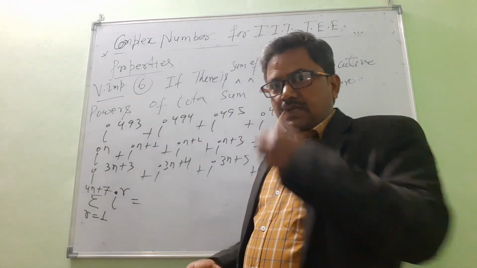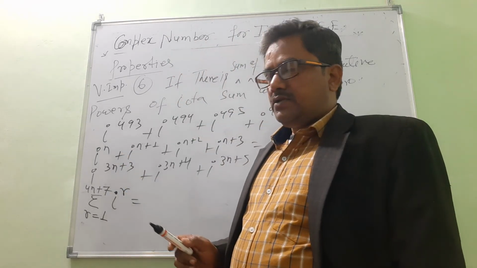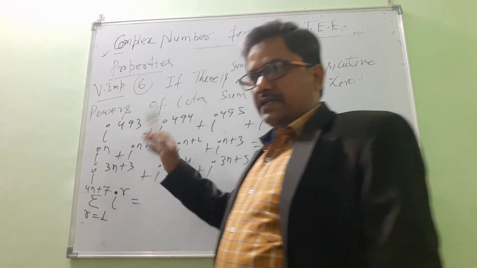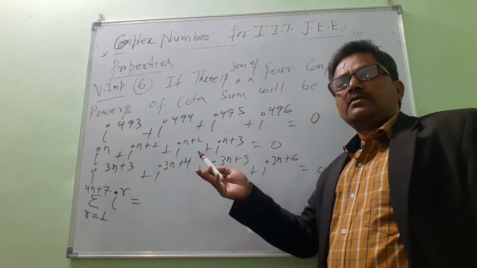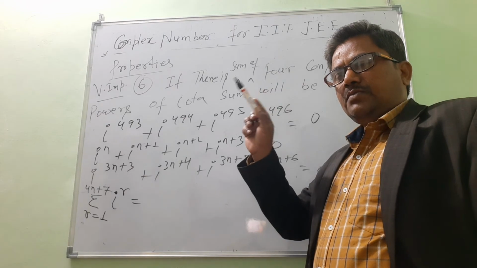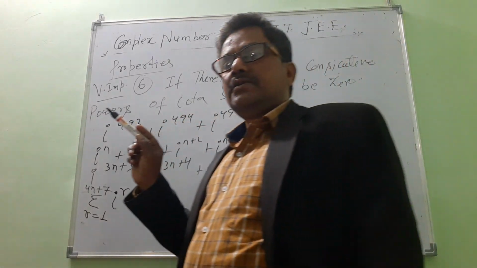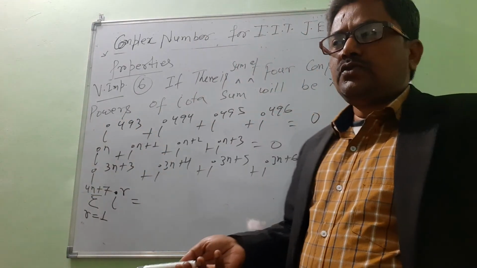Okay. If there is from 1 to 8, the next 4 consecutive powers, iota to the power 1 plus 2 plus 3, and at last plus iota to the power 8, the next 4 will also be 0.